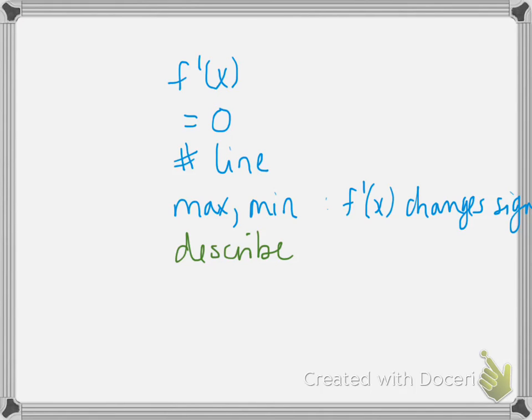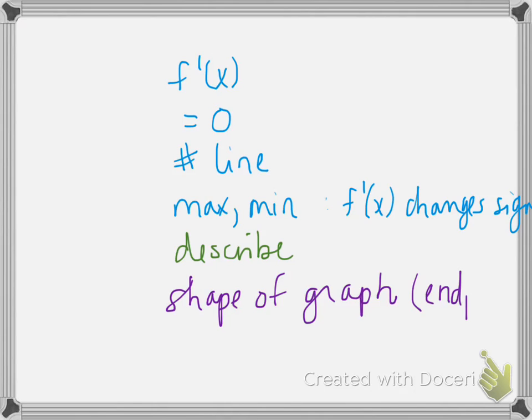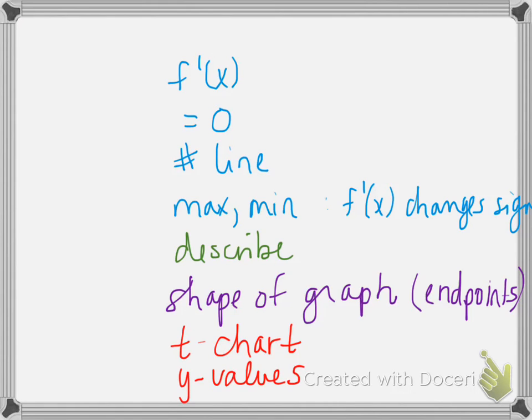Then describe the shape of the graph. Because if you describe the shape of the graph, you know what's going on at the endpoints. Once you know what's going on at the endpoints, you make a t-chart. The t-chart is the chart where you have your x's and y's, and then the y values give you the actual max or min.